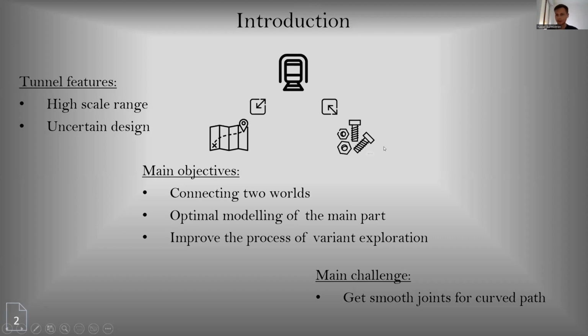Also, it has some uncertain design, which means that before we made all the groundwork, we don't know exactly what circumstances we'll have in terms of soil and ground conditions. We can only assume, depending on some shafts we make as a first step before construction, but then approximation is used.